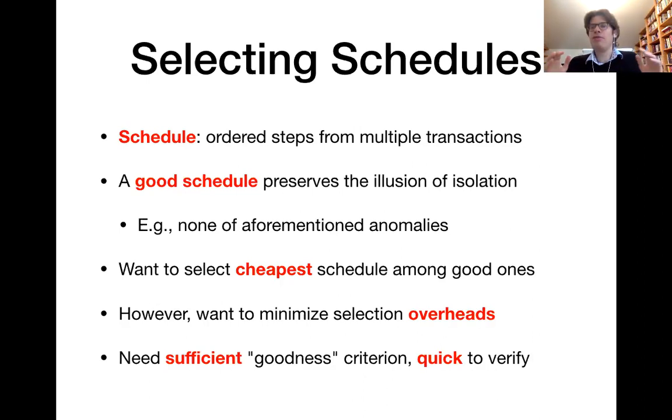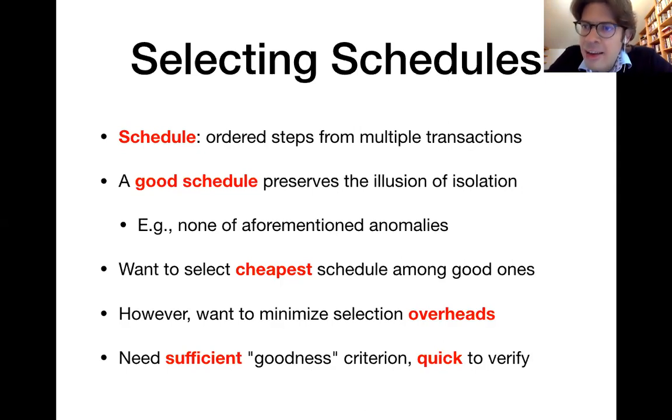So in the following, we're going to discuss a couple of alternative criteria according to which we can select the schedules to execute. What we will finally come to is something like a sufficient goodness criterion for schedules that is quick to verify. Sufficient means that if this criterion is satisfied, the schedule is guaranteed to be good to avoid the anomalies that we want to avoid.